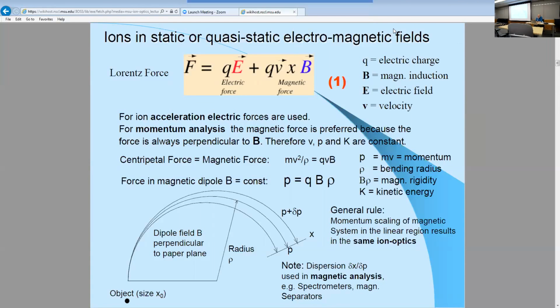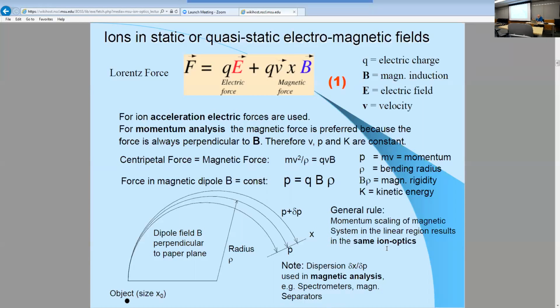So what we learn from that is a general rule: if you change the momentum of a system and you want to have the same ion optics, so the same particle flow through the system, you need to change every magnet by the same ratio. You change the momentum, not the energy. So if in COSY you calculate for another energy and you want to study the ion optics, you need to calculate the momentum ratio and then change the fields accordingly.